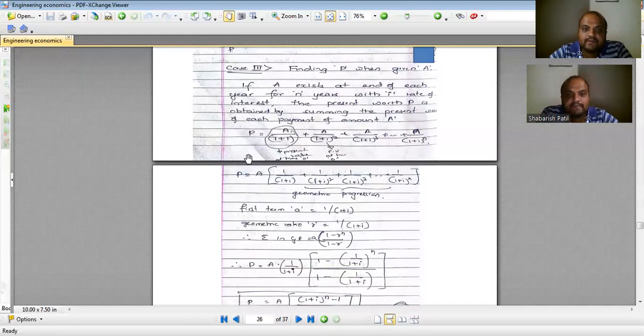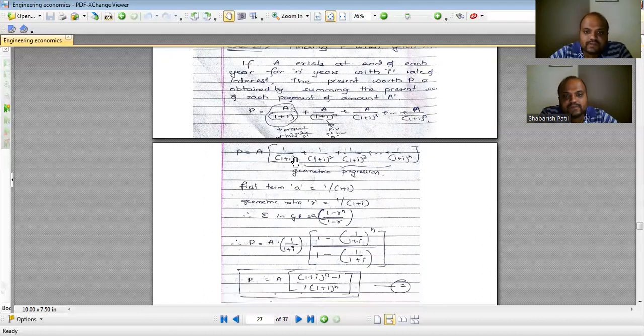Now A is common. I'm just taking A as a common factor outside, multiplied by this. These numbers are in geometric progression, where my first term is 1 upon (1 plus I) and my geometric ratio is 1 upon (1 plus I).